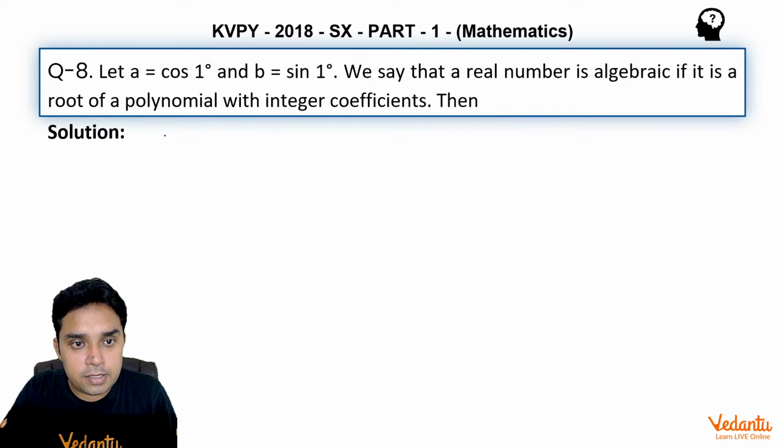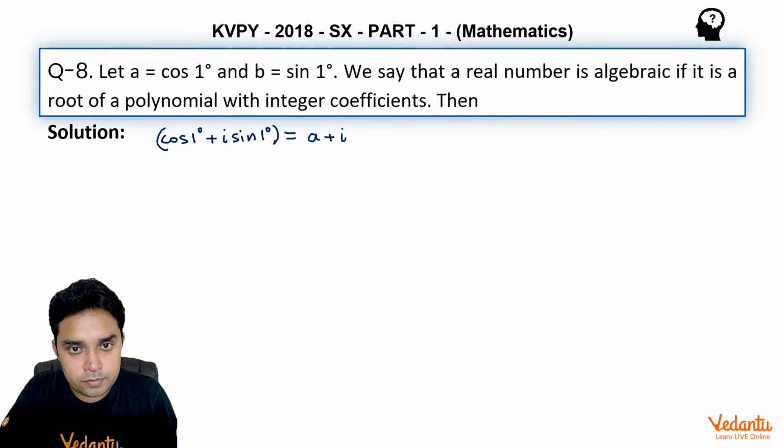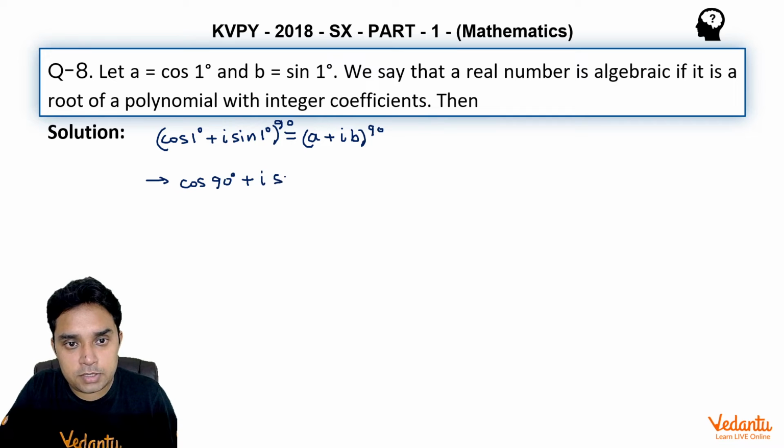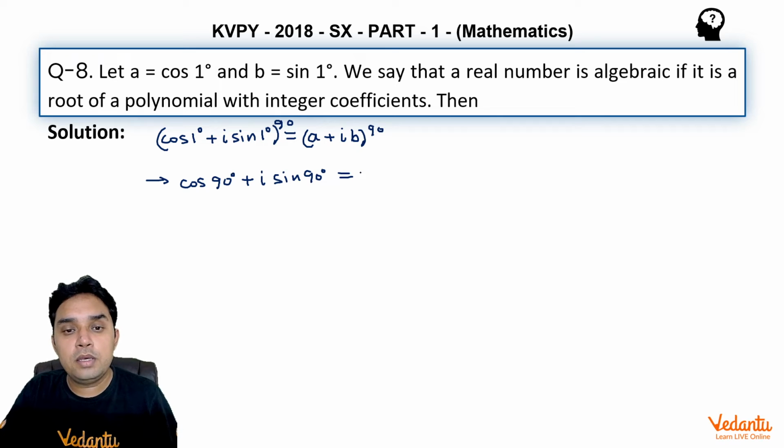I am writing cos 1 degree plus iota sin 1 degree equal to A plus iota B. If I raise both sides to the power 90, we get on the left hand side cos 90 degree plus iota sin 90 degree, whereas the right hand side can be opened using the binomial theorem.